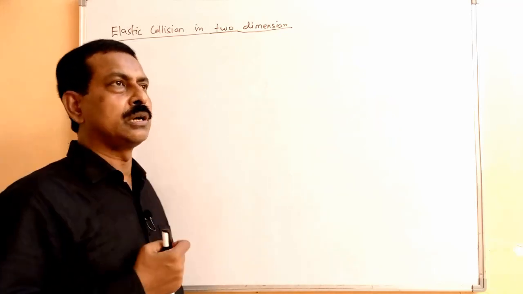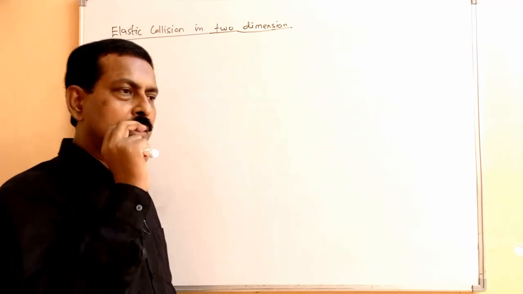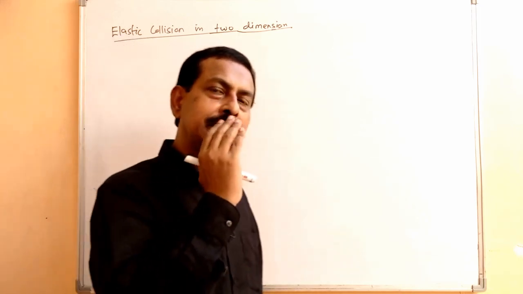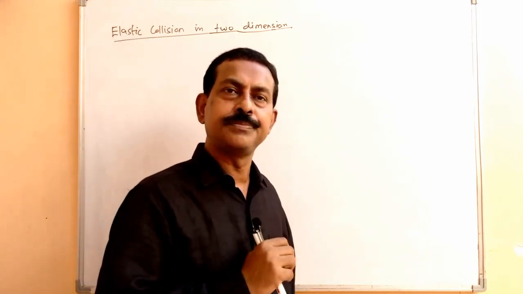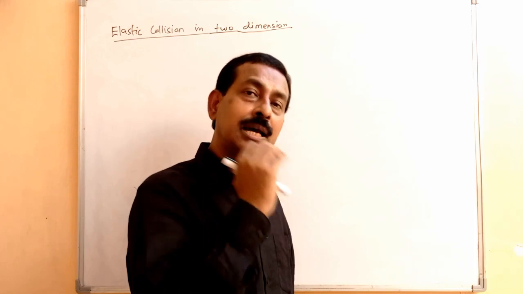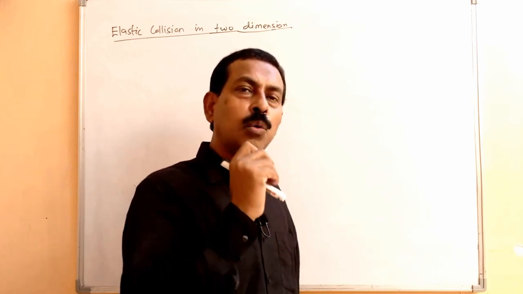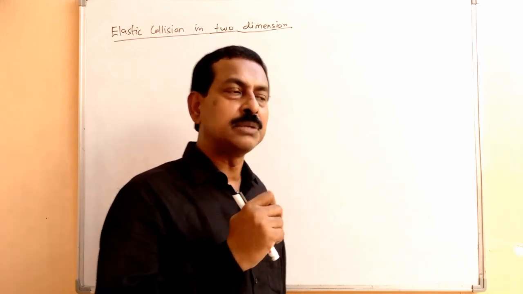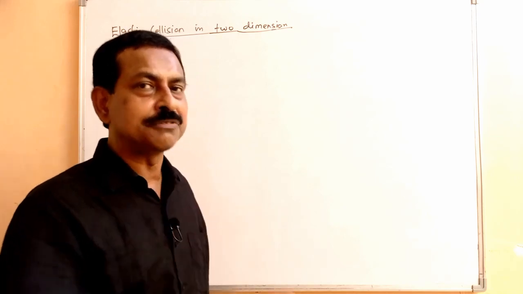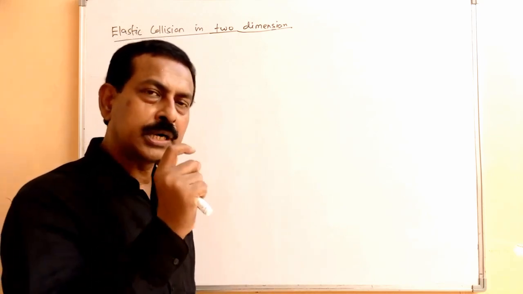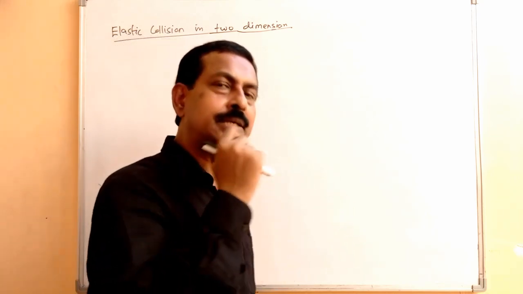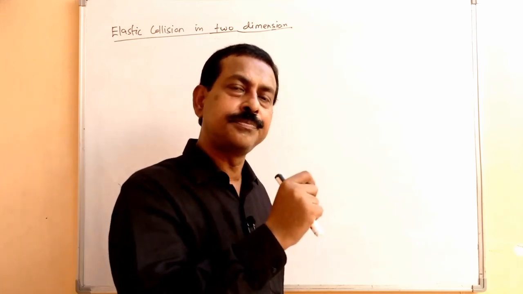There is one question now which is often asked. If a body collides with an identical body at rest and suffers an elastic collision, what is the angle between the velocity of the two bodies after collision? One body is colliding with an identical body at rest.